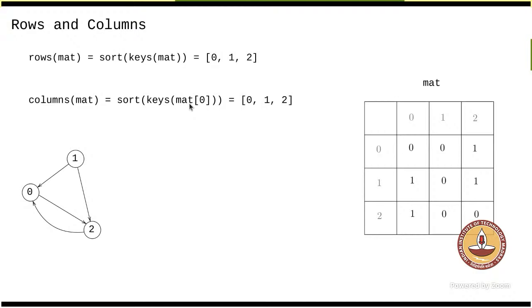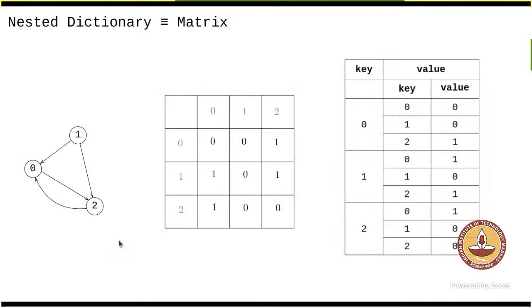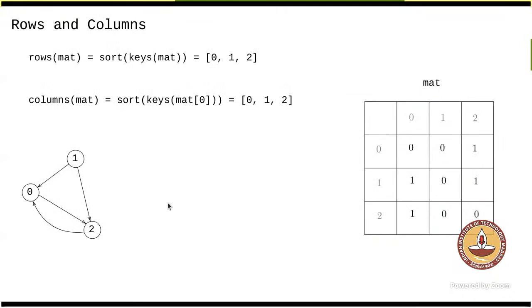Okay, thank you, sir. Not just the same number of keys, but the same keys. So sir, if I use mat of 1 instead of mat of 0, I will get the same result, right? Exactly. In fact, sir mentions this in his slide. You could use mat of any row, but you choose to use mat of 0 for convenience.